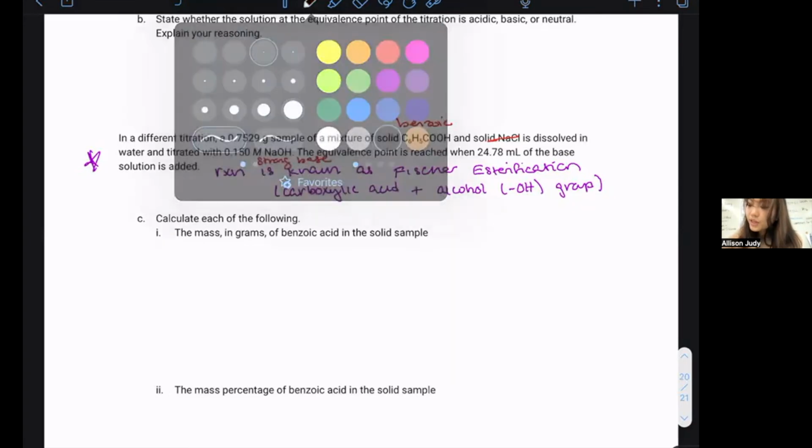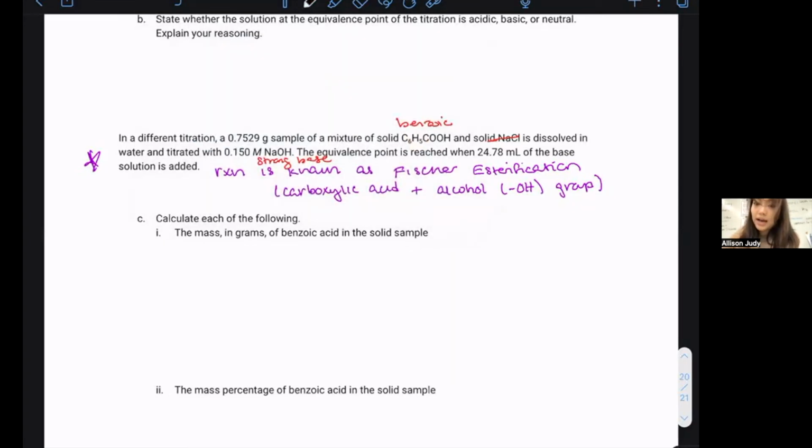So we know at neutralization, we have to have our moles of acid stoichiometrically equal our moles of base. So the benzoic acid is going to lose 1 H, and the NaOH is going to lose 1 OH, okay, for every completion of a neutralization reaction. It's going to be a 1-to-1 ratio.